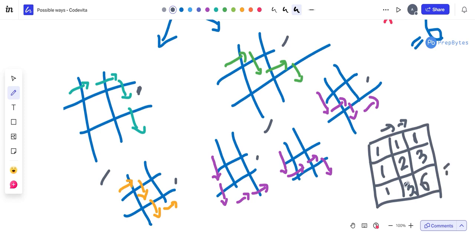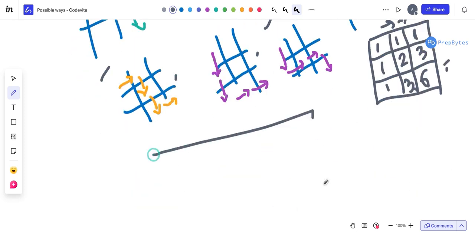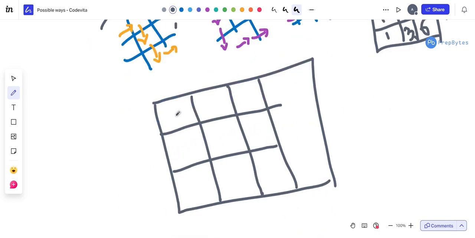Now let me take this opportunity and ask you guys, do you see any correlation or any pattern in this particular matrix? Okay, so let me draw a bigger matrix. So here the very first row is always going to have 1, 1, 1. That's fine. To get a 2, how about you make a summation of this and this?